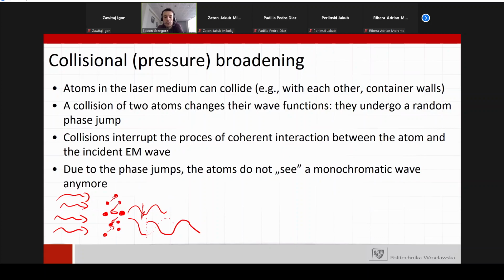So due to the phase jumps, the atoms will not see a monochromatic wave anymore. Because of this jump, if we look at the spectrum of this wave, this will not be a Dirac function anymore, right?